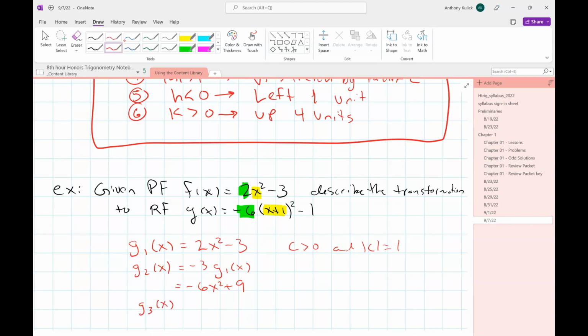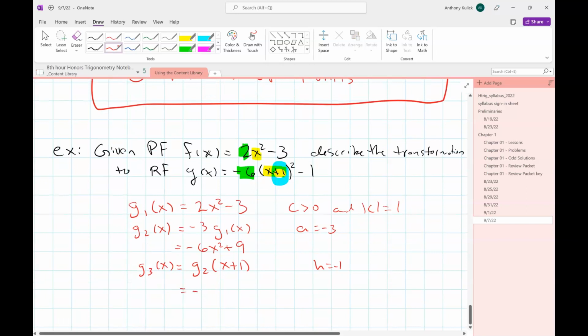Next thing we do is we look for the H's. Certainly have an H there of negative 1, right? Write some notes down there. So that's going to be G2 of x plus 1. Everybody okay there?